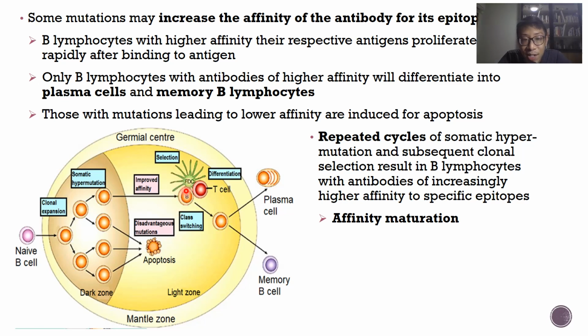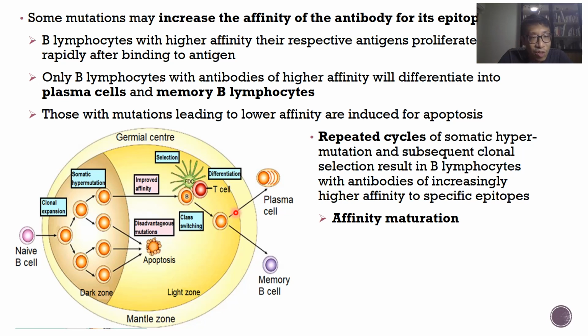So this B cell receptor is able to bind to the pathogen even better, right? So this B cell would be activated. It itself can continue to undergo clonal expansion, right? So as it undergoes clonal expansion, some of its daughter cells would undergo somatic hypermutation. So some of its daughter cells would have an even higher affinity to the antigen on the pathogen. So you can imagine this cycle repeating.